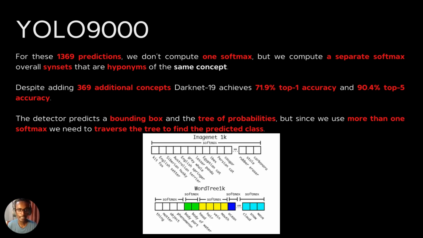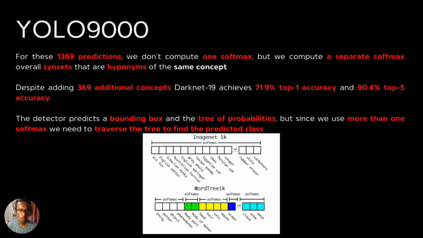And despite adding 369 additional concepts to the original 1,000, Darknet achieves 71.9% top 1 accuracy and 90.4% top 5 accuracy. The detector predicts a bounding box and a tree of probabilities.